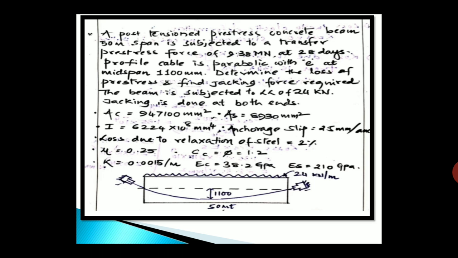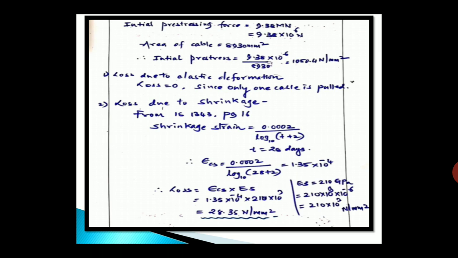So let's start with the example. Step 1, initial prestressing force given as 9.38 meganewton, converting to Newton, factor is into 10 raised to 6. Area of the cables is mentioned, therefore initial prestress is equal to force upon area, which gives out to be 1050.4 Newton per mm square.